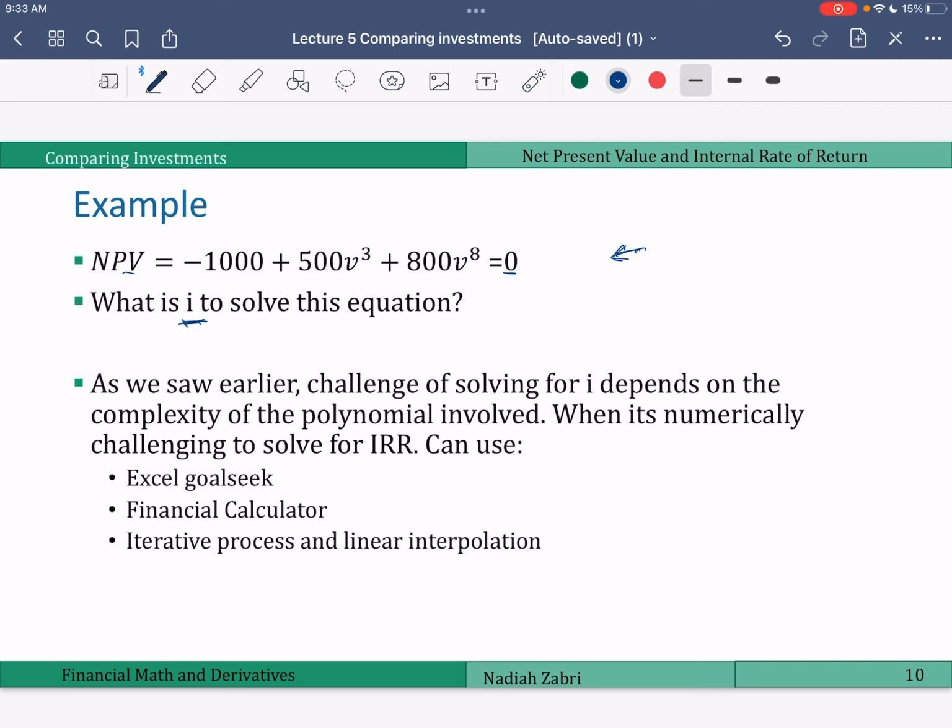If the polynomial involved is, let's say, degree of 2 at most, then we can use the quadratic formula, right, to solve. But with a more complex polynomial, it will be harder to solve. So that's why usually it is solved by using machines like Excel, GoalSeek, or financial calculator, or maybe we can also use an iterative process. I will show you an example later.